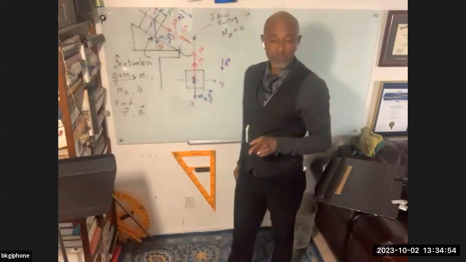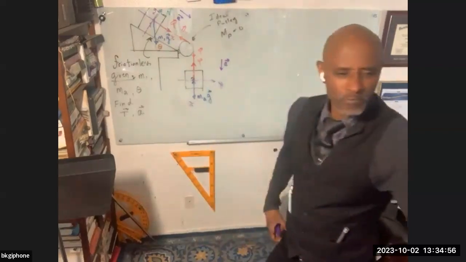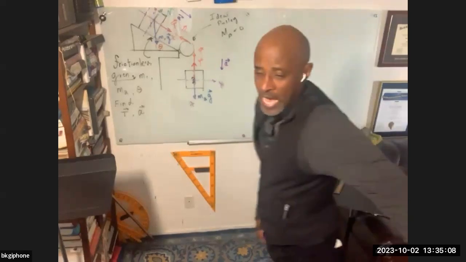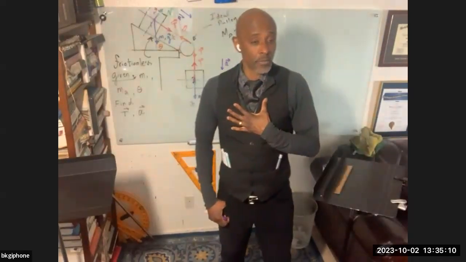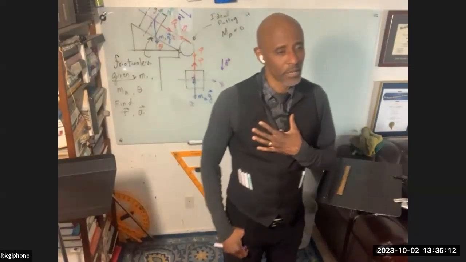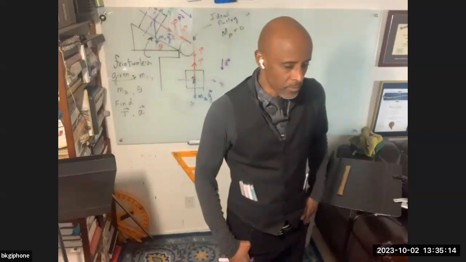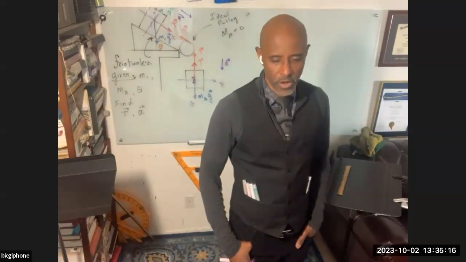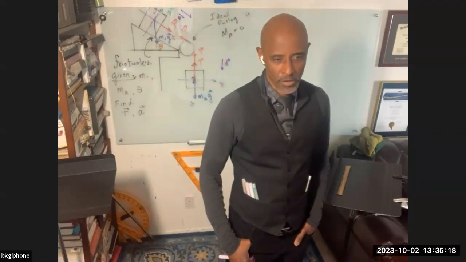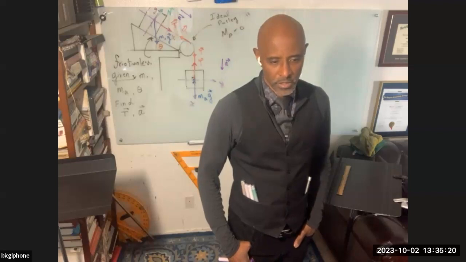Sorry. Anything else? Anybody? You want us to put a coordinate system so that the string runs parallel to the x-axis? Well, it's the way I've usually set it up, but you don't have to set it up that way. But I do think it's important to have some thought process about how your coordinate system is defined.